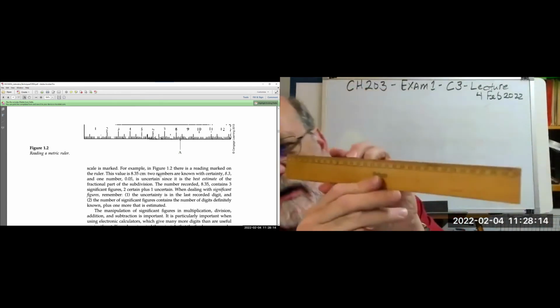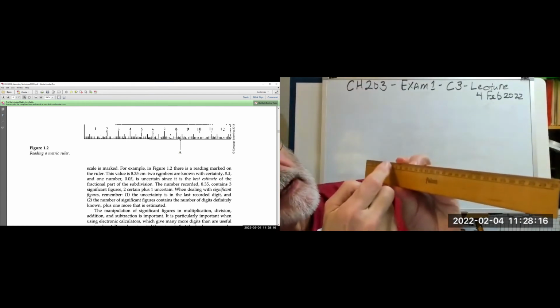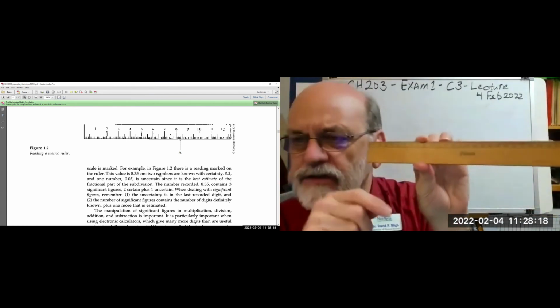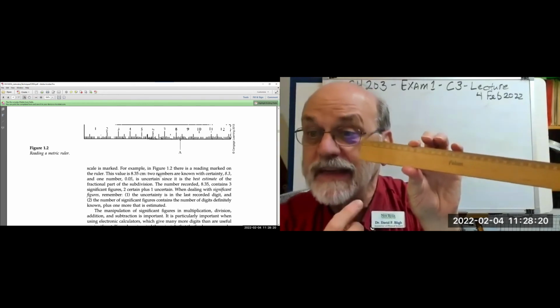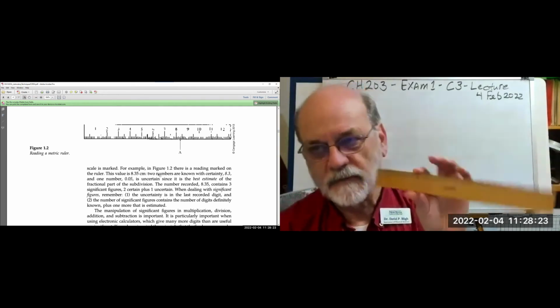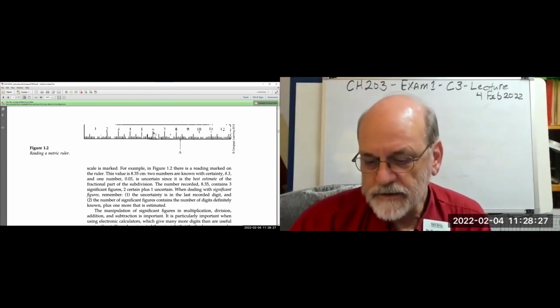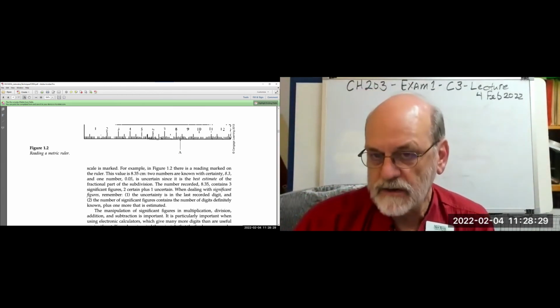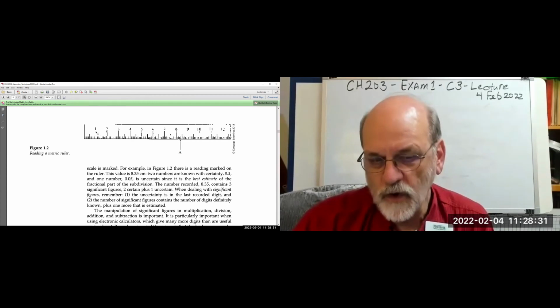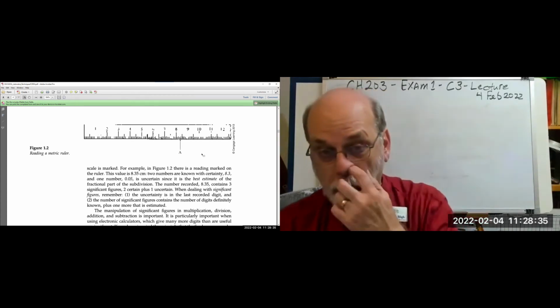And notice it's marked off with big lines, shorter lines, and then little bitty lines. The big lines in this case are centimeters. So this is 1 centimeter, 2, 3, 4, 5, 6, 7, 8 centimeters.